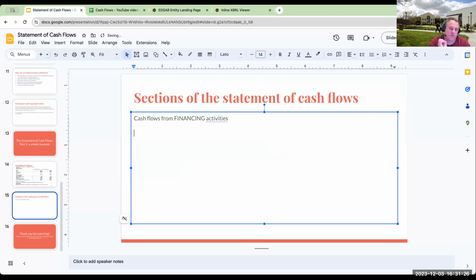Financing activities refers to how we are financing our business operations. Did we sell bonds or borrow money? Did we repurchase our own bonds or repay loans?